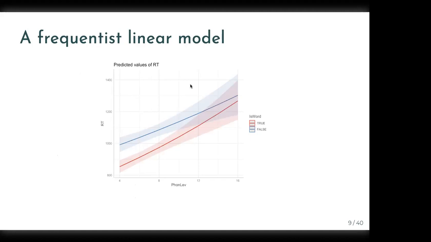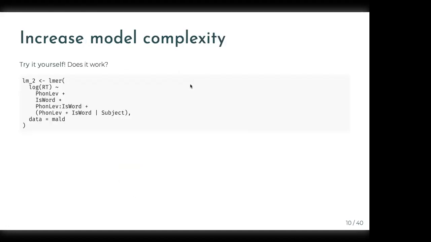But again, the results per se don't really matter. And as I was saying, it would be best to include at least random slopes for the two predictors. Ideally, you would also want to include random slopes for the interaction between these two.